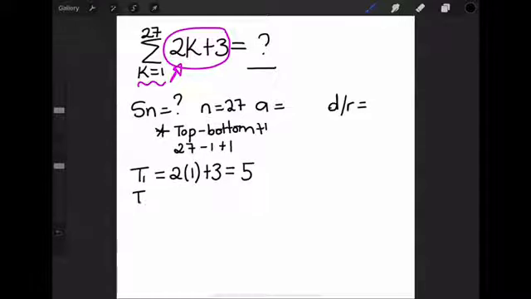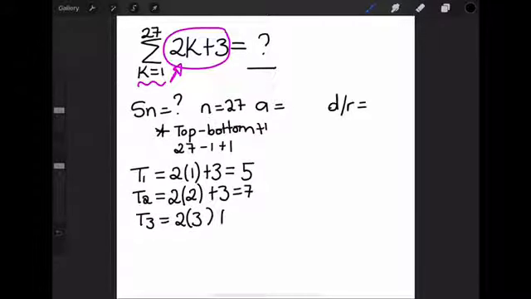Next, we want to work out T2. We're going to go in ascending order, and we always move up by 1 position. So now instead of filling in 1, we're going to fill in 2, because we're going to the next term. 2 times 2 plus 3 is equal to 7, and T3 is equal to 2 times 3 plus 3, which is equal to 9.